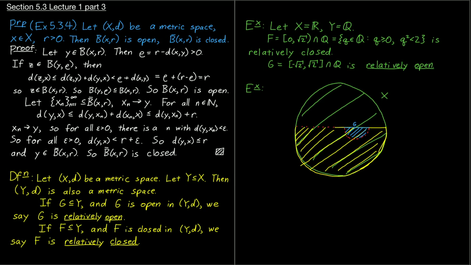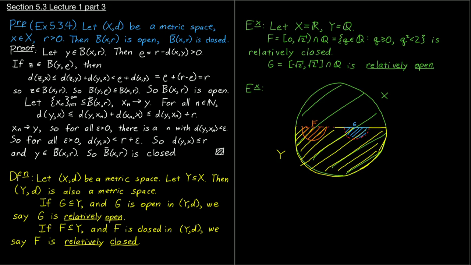And this set, let's put a set F over here. This is missing some of its boundary. You can think of closed sets as including the boundary, open sets as not including the boundary, and we'll make that notion precise in the next video. But this set, it's missing some of the boundary, but the bit of its boundary it's missing is also missing from Y, so it still counts as closed.